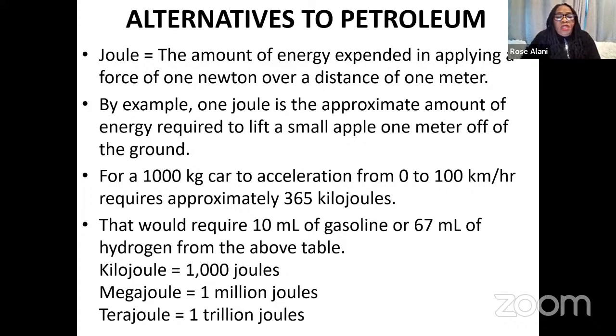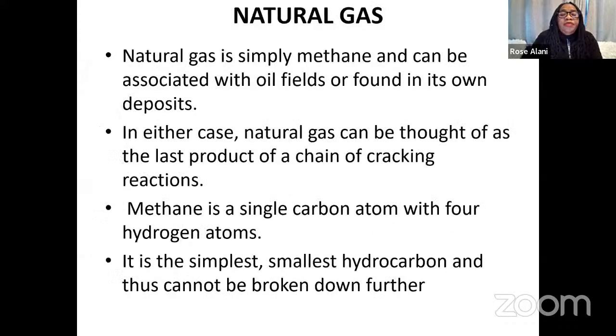Of course, 1 kilojoule is 1,000 joules, a megajoule is 1 million joules, and a terajoule is 1 trillion joules. You can use these to calculate how much of these materials you can use for an alternative fuel.